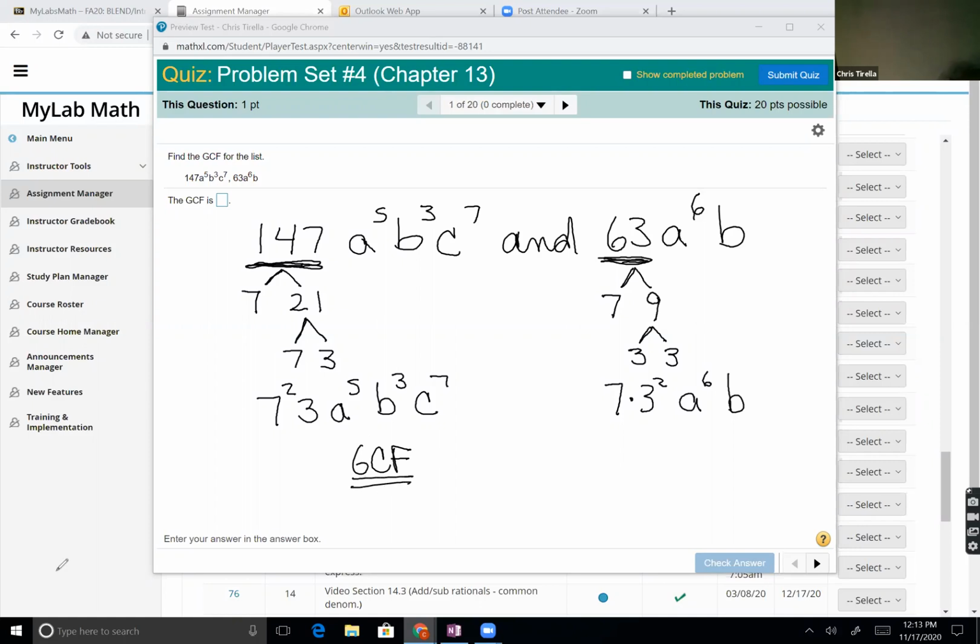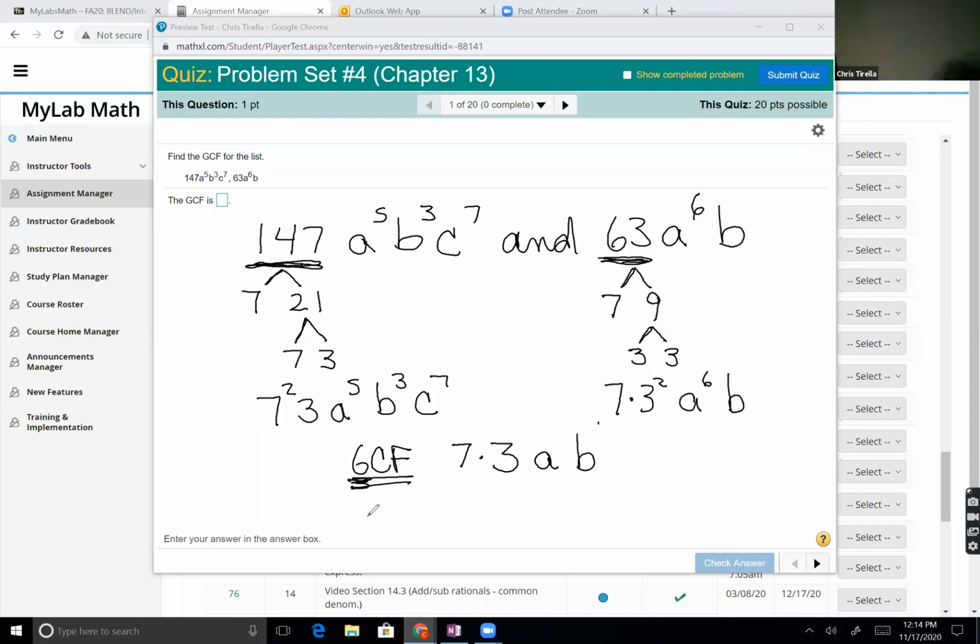So what's the greatest common factor? What shows up in both the lists? They both have a 7. They both have a 3. They both have an A. They both have a B. Remember the common factor?